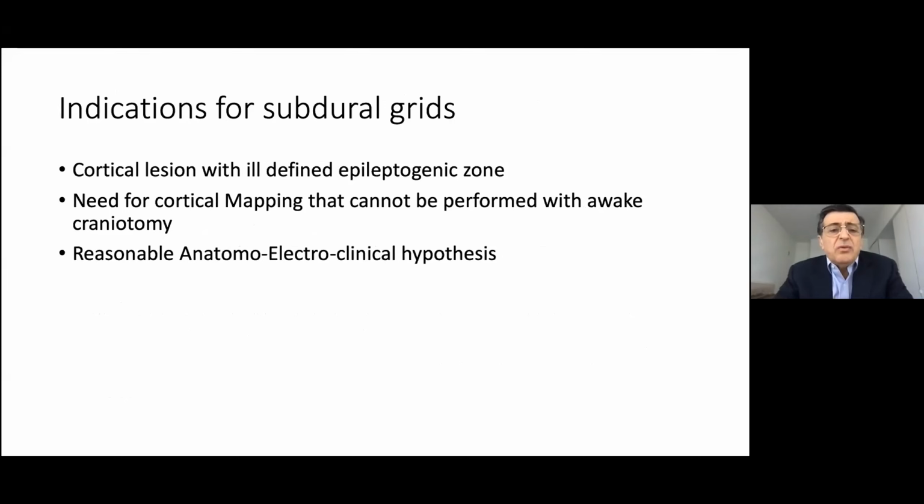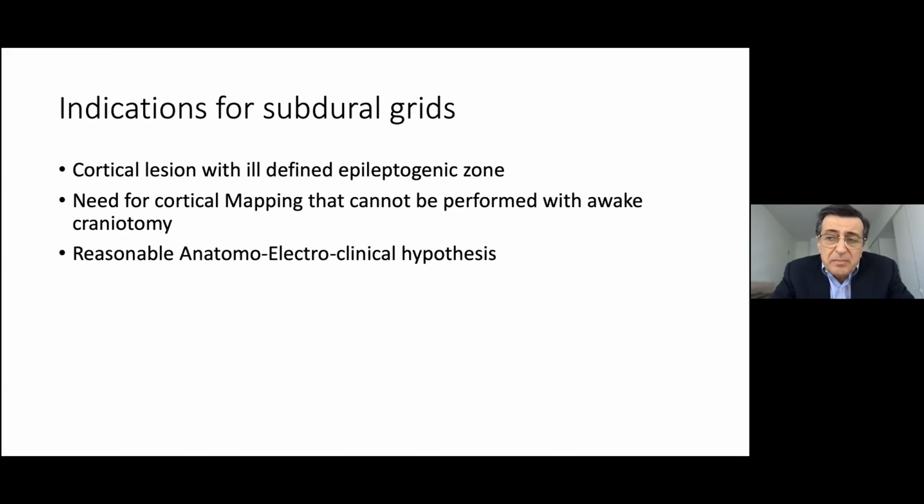So what are now the current indications for subdural electrodes? I believe the current indications are a cortical lesion with ill-defined epileptogenic zone. And it's important that the lesion, again, is cortical, or that there is a need for cortical mapping that cannot be performed with an awake craniotomy.